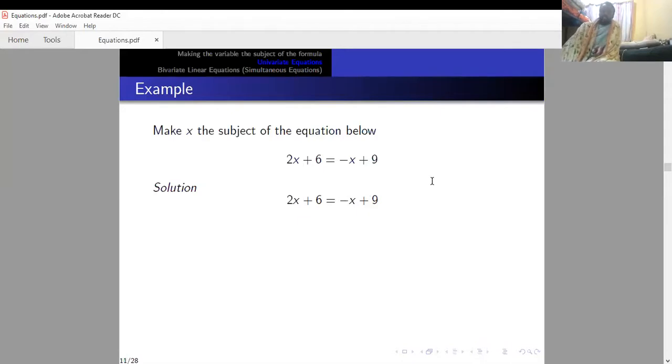So let's talk about making x the subject. Now, when you're solving for x, it's no different from what we did in our previous video, where we were talking about solving for x.